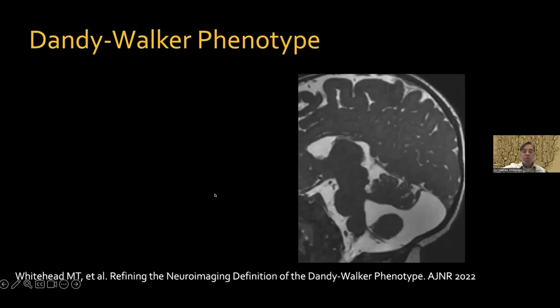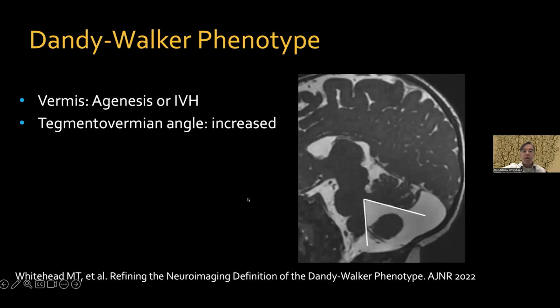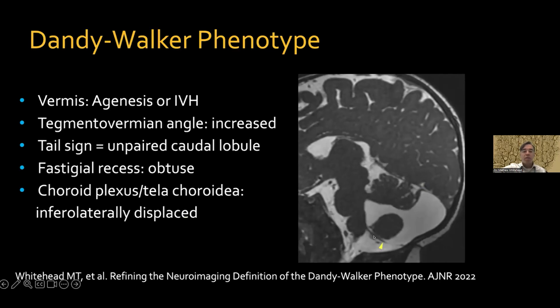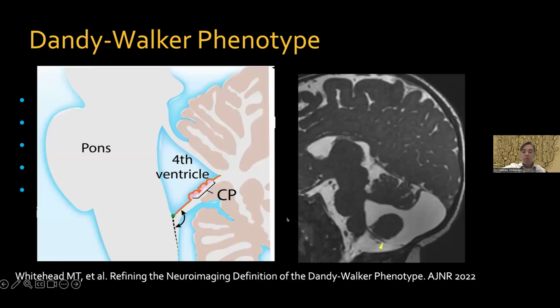And so the more revised criteria include inferior vermian hypoplasia, tegmental vermian angle elevation, a tail sign or an unpaired caudal lobule, a blunted fastigial recess, and displacement of the tela choroidea and choroid plexus infralaterally rather than up and in, sort of where it belongs.